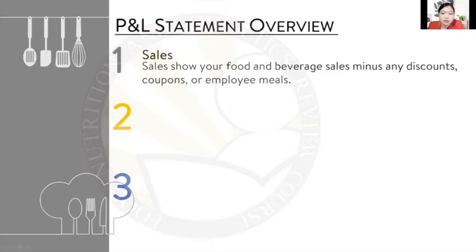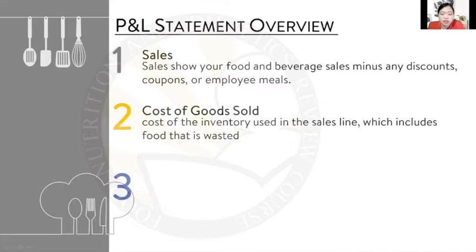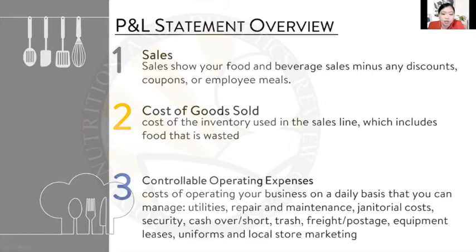The sales shows the food and beverage sales minus any discounts, coupons, or employee meals. Cost of goods may include all the cost of inventory used in the sales line, which includes food that is wasted.